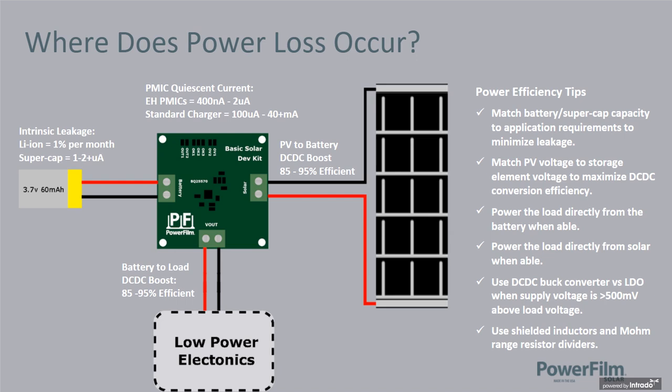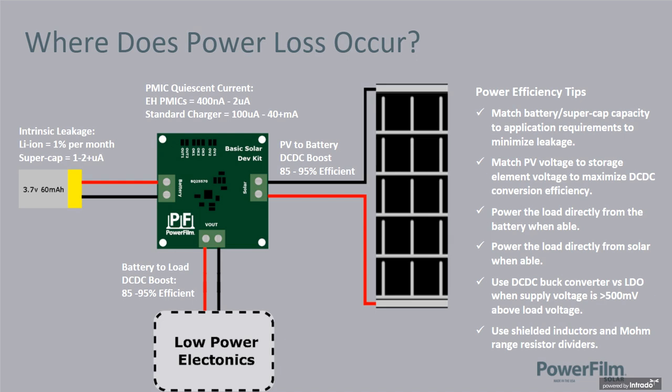Batteries have intrinsic leakage. So a lithium ion type, you're going to see 1 to 2% leakage per month. Supercaps, a smaller or moderately sized supercap could have 1 to 2 microamps of intrinsic leakage. For storage elements, that's going to be dependent on size. So if you have a larger storage element, it's going to have a higher leakage.